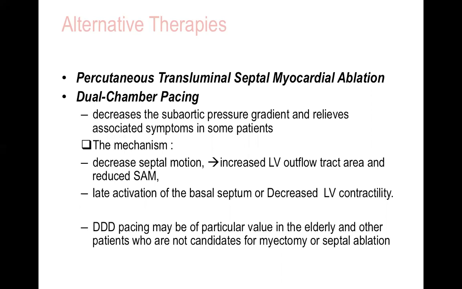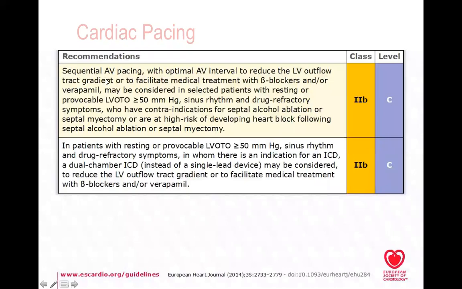So the guidelines of cardiac pacing: sequential AV pacing with the optimal AV interval to reduce the LV outflow tract gradient, or to facilitate medical management, is class 2A in patients with a resting or provocable LVOT gradient more than 50 and sinus rhythm and drug refractory symptoms who have a contraindication for the other septal reduction therapy.